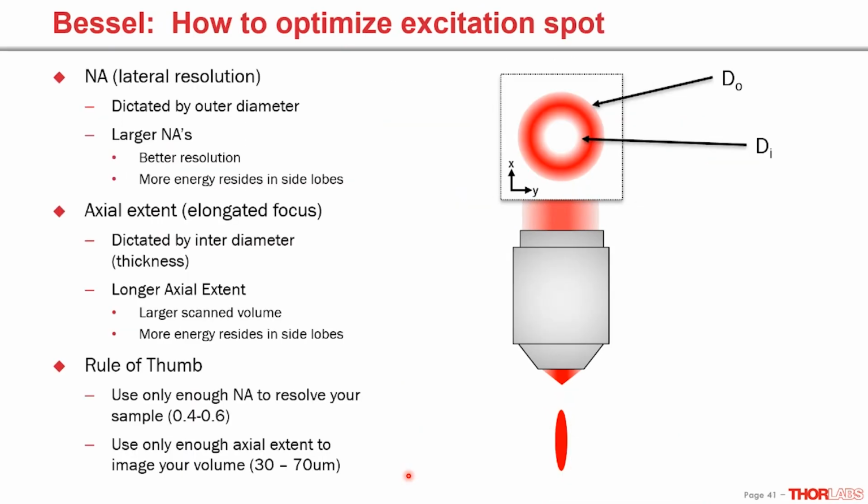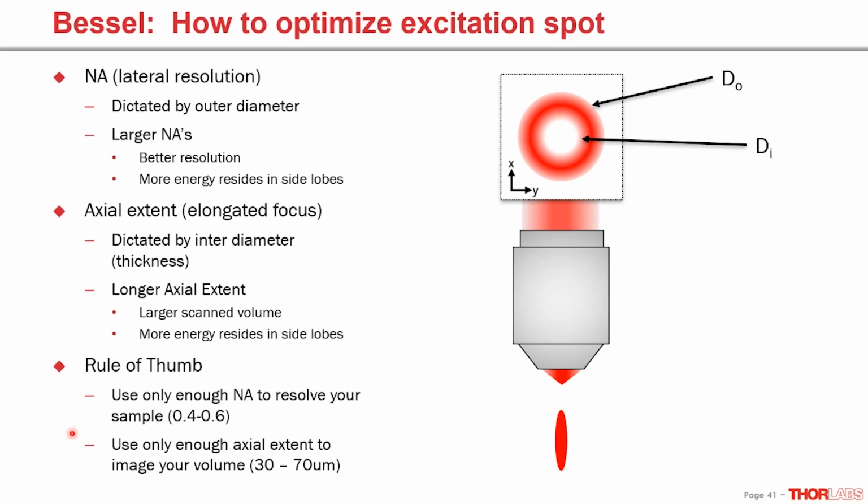How do you optimize this excitation spot? The first is you want to figure out what kind of NA you want to use, for lateral resolution, and this will be dictated by the outer diameter of the annular ring, where larger NAs will have better resolution, but more energy will be distributed through these side lobes. The axial extent, or the elongated focus, will be dictated by this inner diameter, DI, where longer axial extent will scan larger volumes, but also at the expense of having more energy residing in the side lobes.